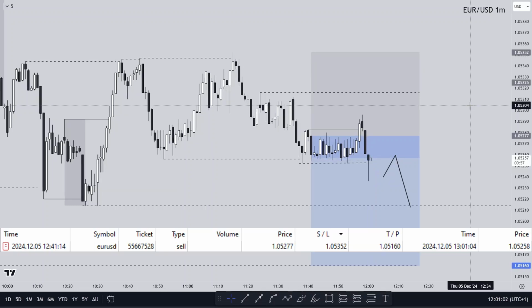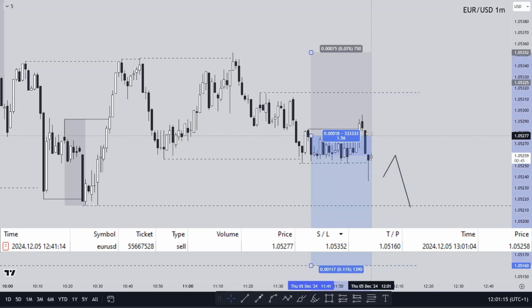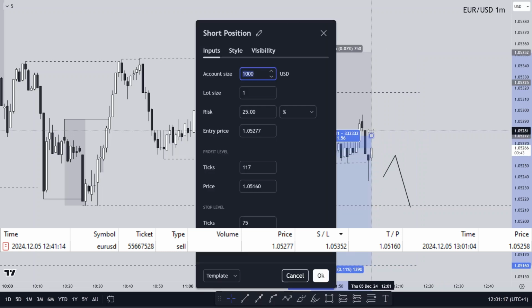And okay, I decide to close my position. So I closed it at, let me check. Okay, 13 and 1, that is of course 12.1 for me. At which level exactly? 1.05258.